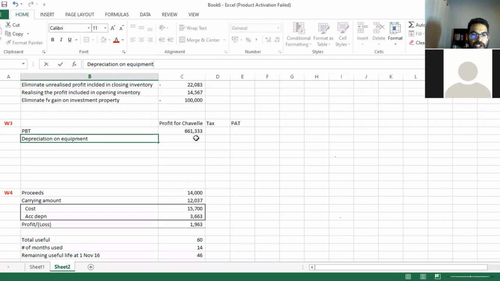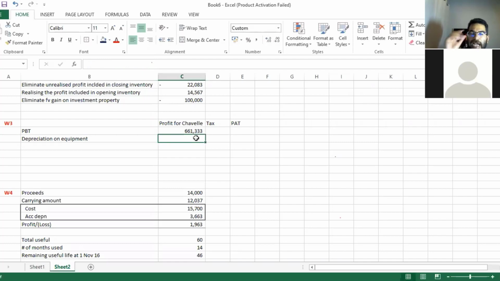How much additional depreciation? That 134,000 Rand, that revalued amount, needs to be spread over the 3 years. So we're going to say 134,000 divided by 3 years. Okay, so that's the annual depreciation.